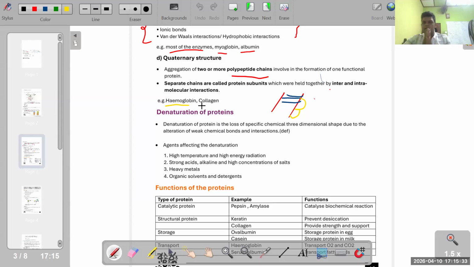Denaturation of protein means, now every good story has a bad incident also, right? If there's a plain story, even in a movie, if the screenplay goes on like a constant line, the audience would not feel interest, right?